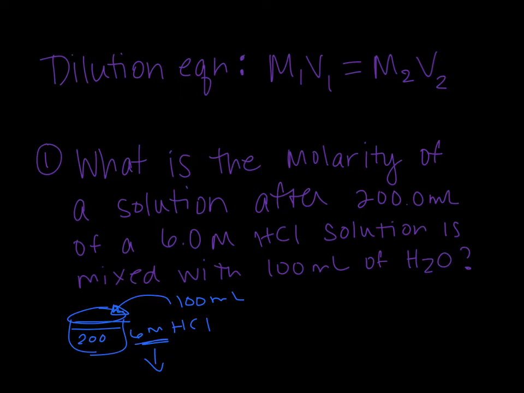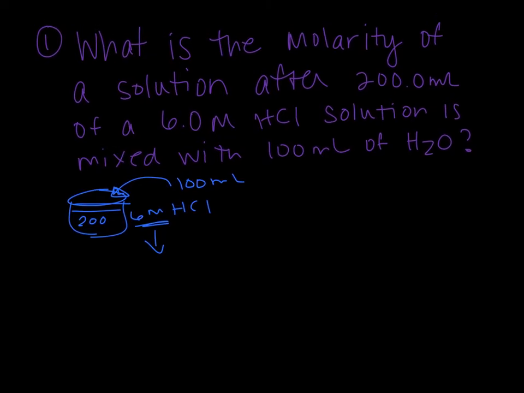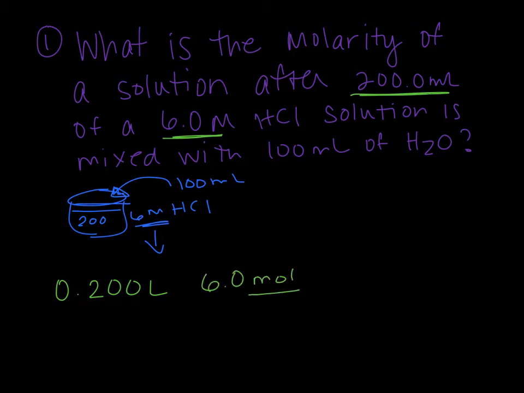So I'm going to first solve this without using the dilution equation, and then I'm going to solve it using the dilution equation, and you can do either one. All right, so I'm just going to move this up. Okay, so before the dilution, I have 200 milliliters of a 6 molar solution. So that tells me I've got 0.2 liters, right, and 6.0 moles per liter.